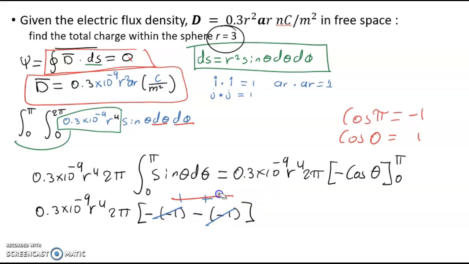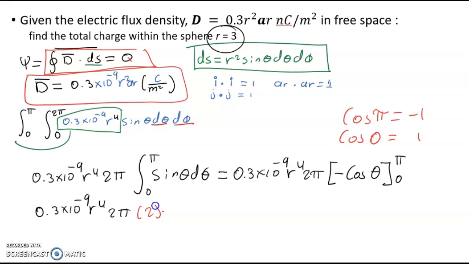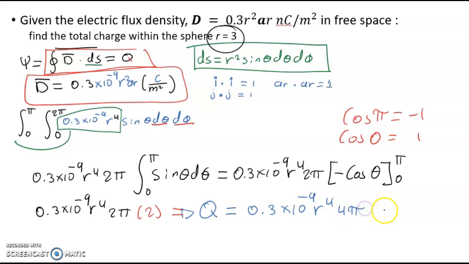So we can erase everything here and place a plus 2. In conclusion, the total amount of charge within the sphere of radius r equals 3 is 0.3 times 10 to the minus 9 r to the fourth, 4 pi, in coulombs.